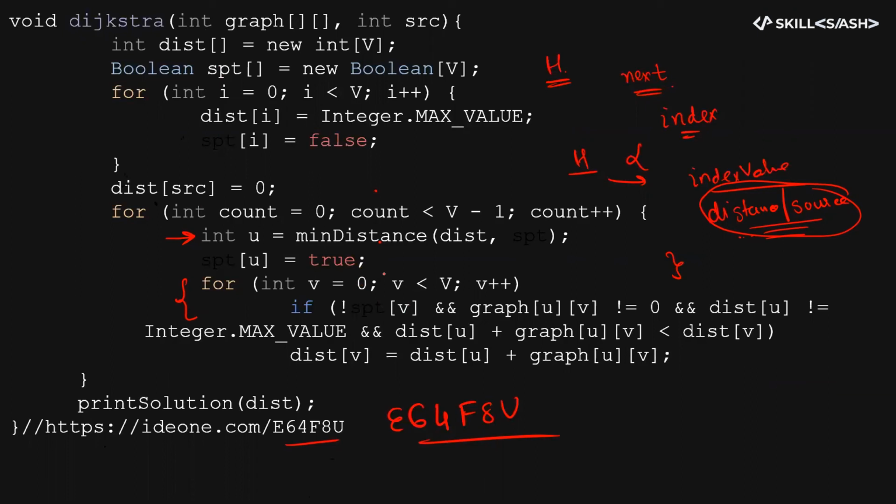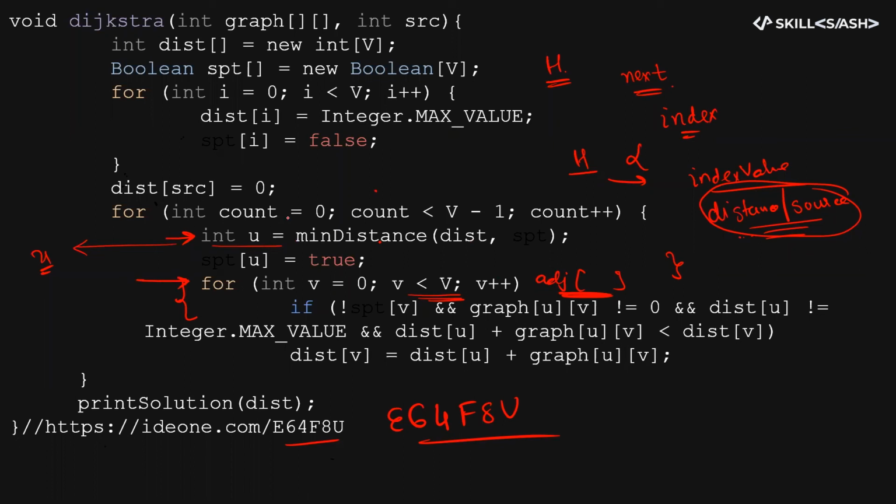As I said, we have the extra complexity because of going over all the nodes. Instead of that, whatever node I get from here, u, if I iterate over all the adjacency list of that, then I can have lesser complexity.